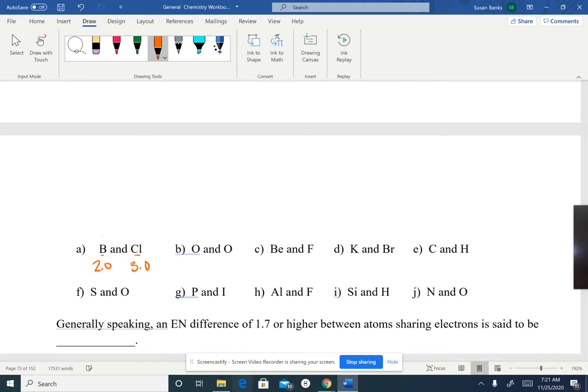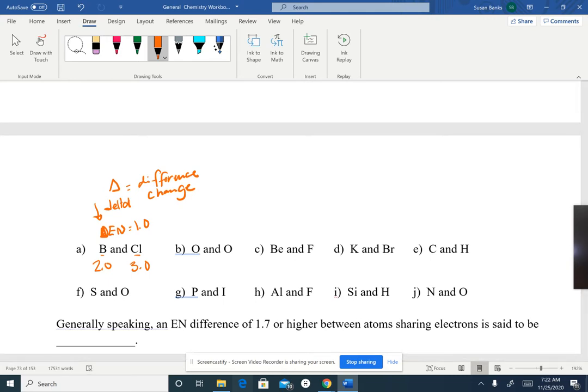So the difference here, and I'm going to just use the little triangle sign, delta, that triangle sign means difference or change. Instead of writing it out all the time, I'm going to just write delta. So the change between those electronegativities is 1.0.